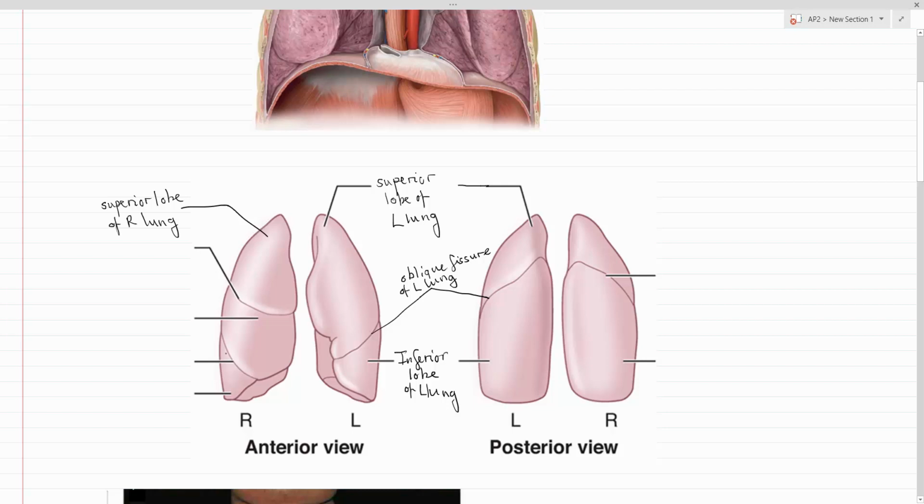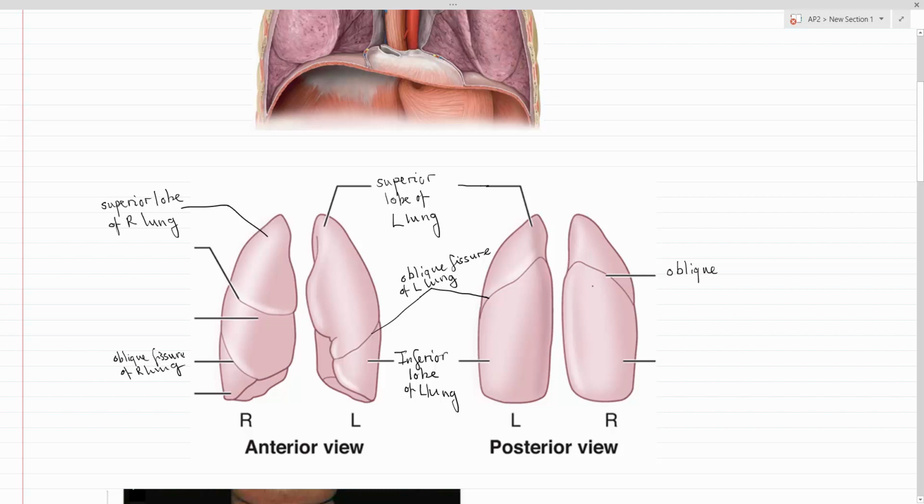So this is the oblique fissure of the right lung. Similarly, the oblique fissure goes all the way across the lungs, onto the posterior side of the lung, and right up to the mediastinal surface. So in both the left and right lungs, the oblique fissure goes pretty much all the way.